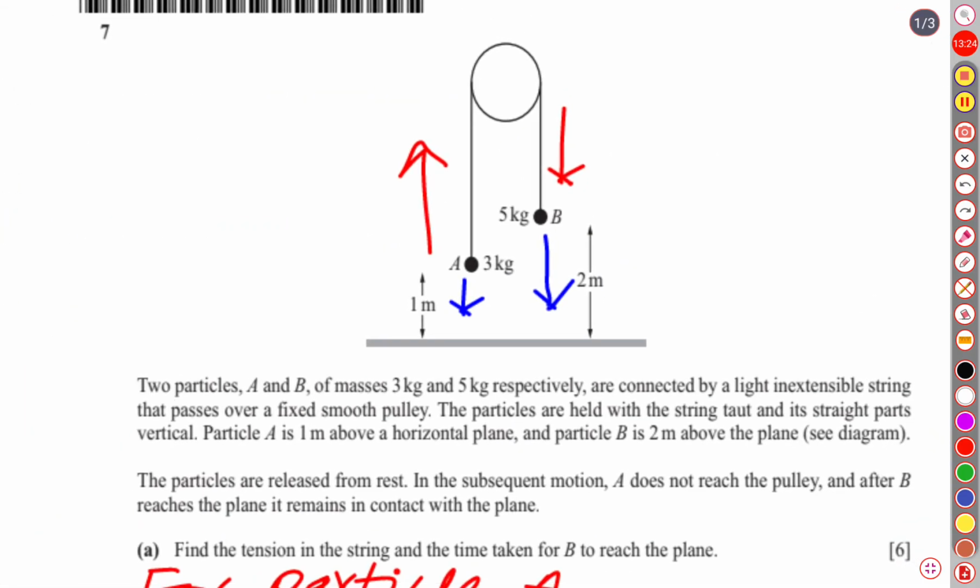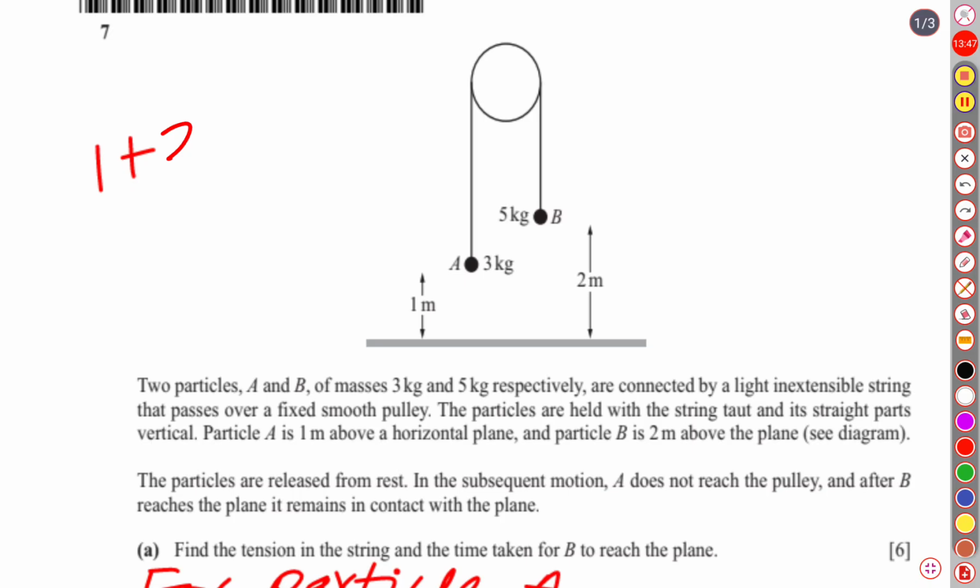Particle A is already 1 meter above the plane, and when B reaches the ground, it is above 2 meter.